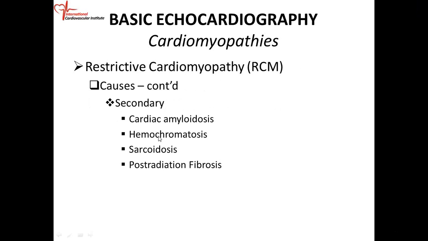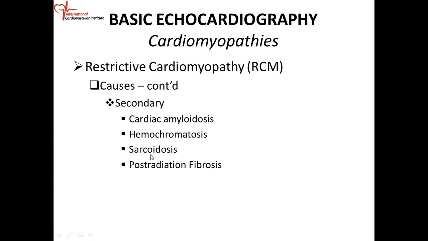If someone, for example, gets multiple blood transfusions over a long period of time, because blood contains hemoglobin, hemoglobin contains iron, the blood has to break down. And when the blood breaks down, it's broken down into its components, and one of the components is iron. If there's too much iron around, it's going to be taken up into the different cells and tissues, and that can affect the body as a whole. So hemochromatosis is a big one.